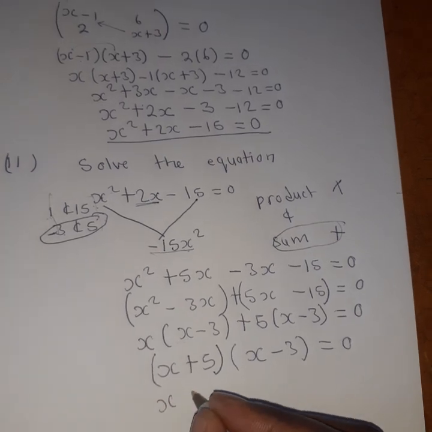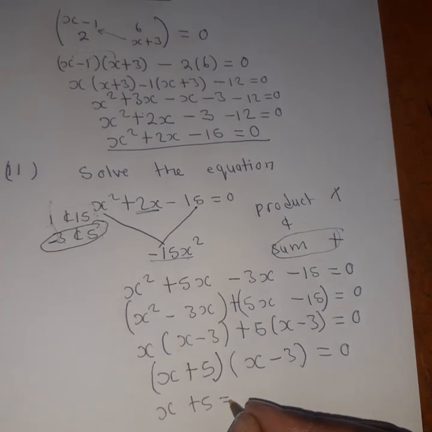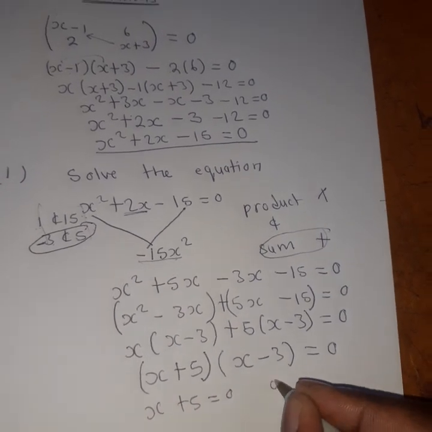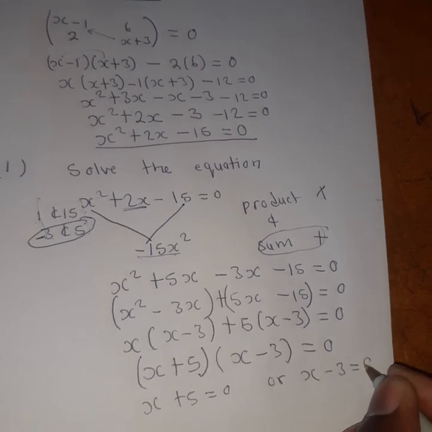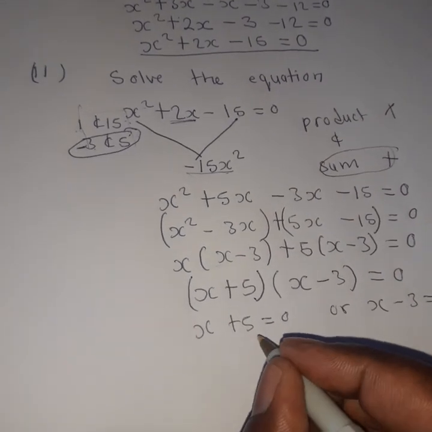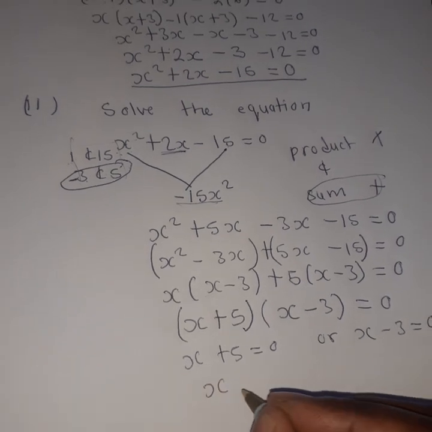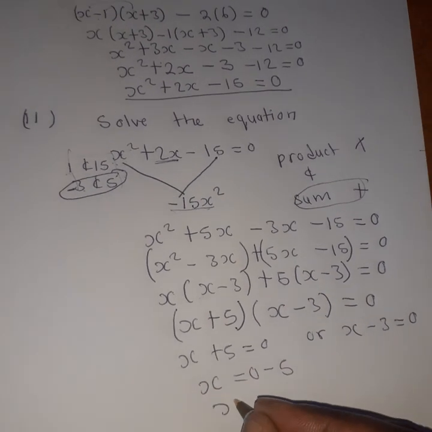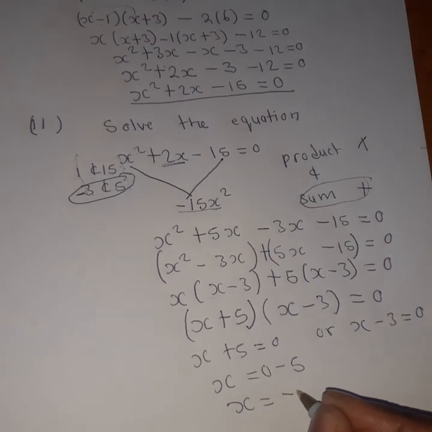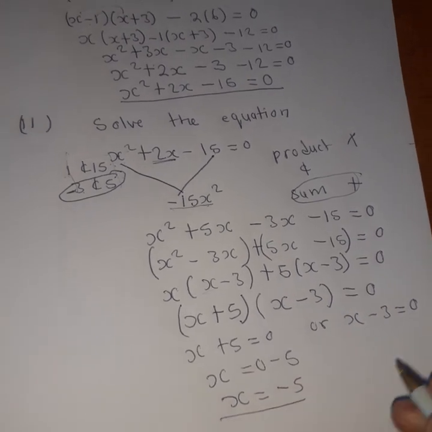So x plus 5 is equal to 0, or x minus 3 is equal to 0. That's our equation. So x is equal to 0 minus 5, x is equal to minus 5.